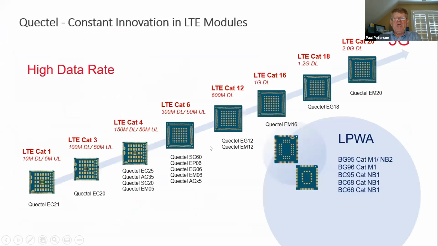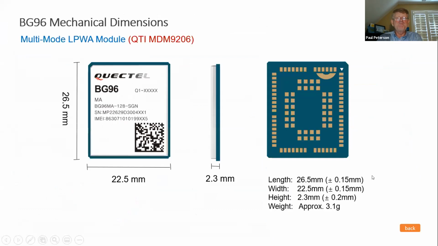I'm not going to go through all, for time's sake here, because I do want to touch base with LoRa, but we have, for example, Quectel, and you can see that Quectel has modules up to the high data rate, Cat 20 in this case, but they also have a group of modules that are focusing in on Cat M1 and NB-IoT, okay?